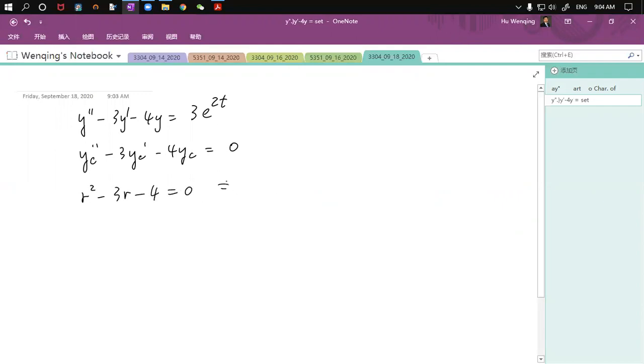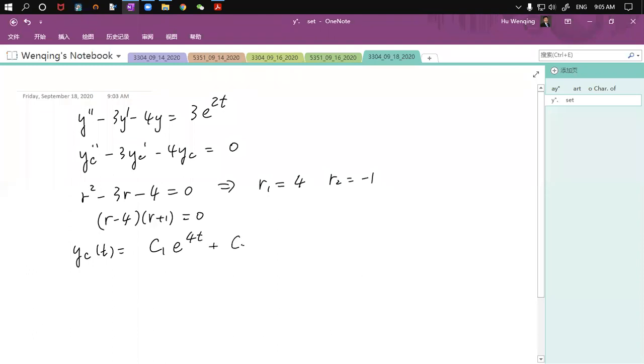This is the same as r minus 4 multiplied by r plus 1 is 0, so r1 is equal to 4, r2 is equal to minus 1. These are the two roots. Therefore the complementary solution has the form c1 e to the power of 4t plus c2 e to the power of minus t.